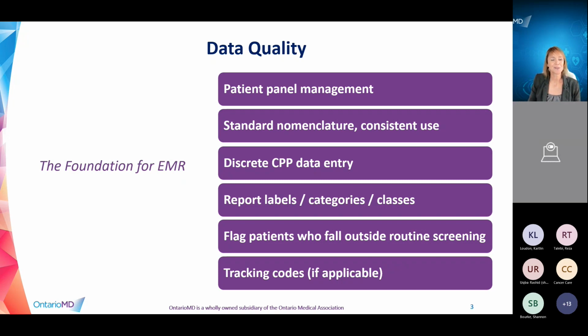Then you have the reports that are received within your EMR. And you want to make sure, and this is going to include scanned and faxed documents, that they're labeled consistently and meaningfully. So it's going to be intuitive to you what is actually in the contents of that report when you're reviewing the patient charts.